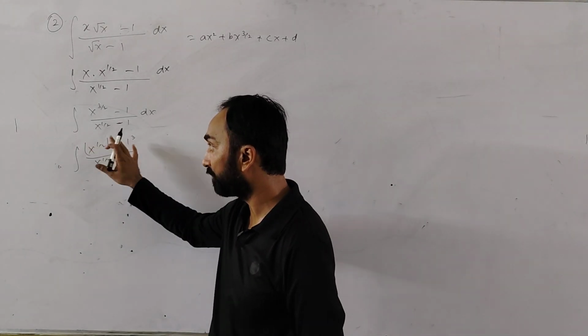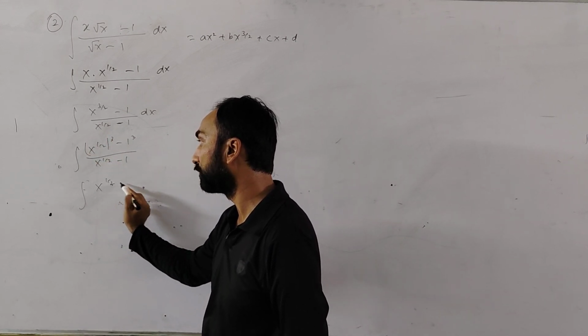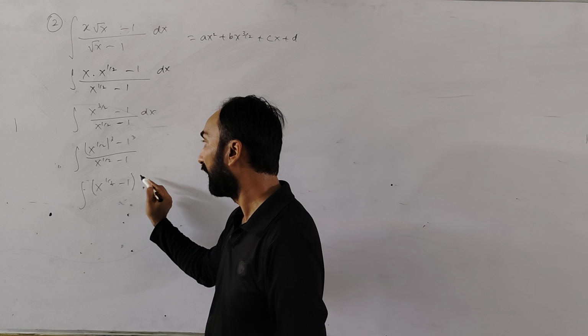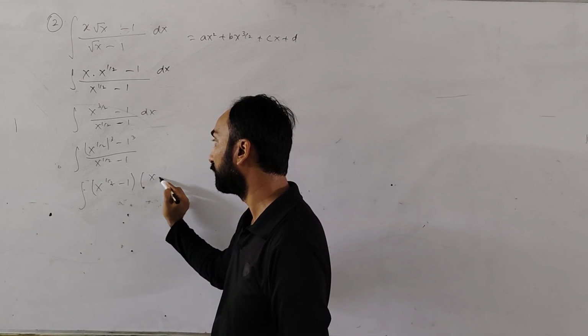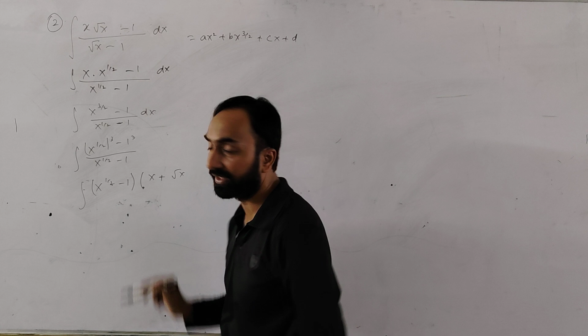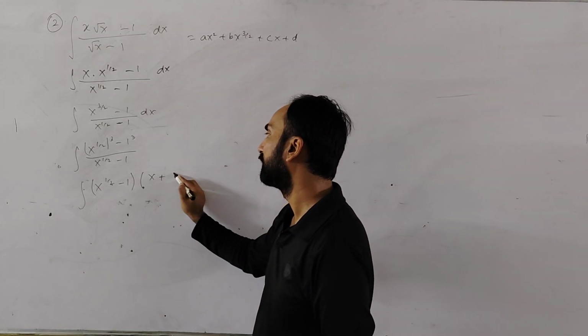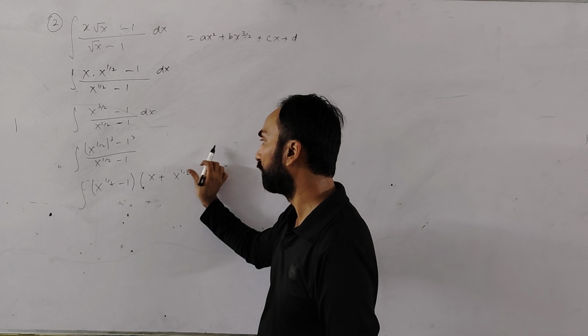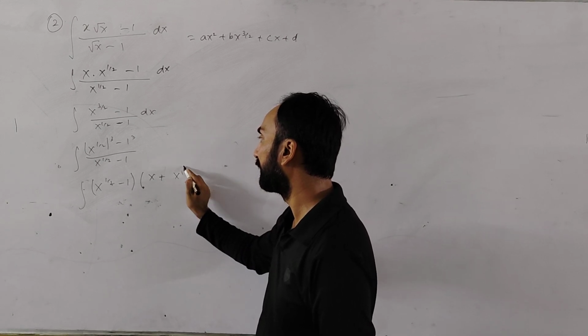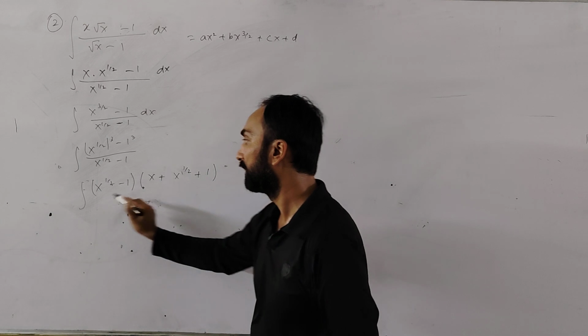So if I break this in the form of a cube minus b cube, I can write it as x to the power half minus 1, and a square is x only, plus ab, which is x half into 1, plus b square which is 1, right?